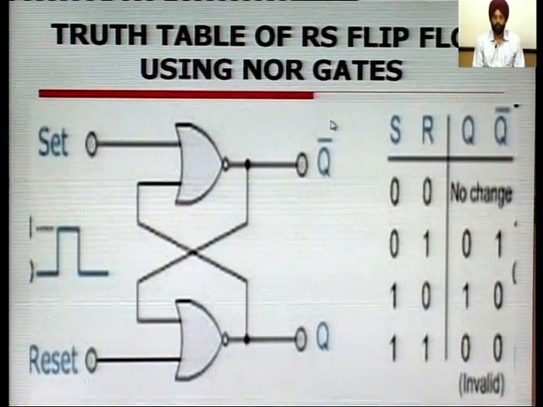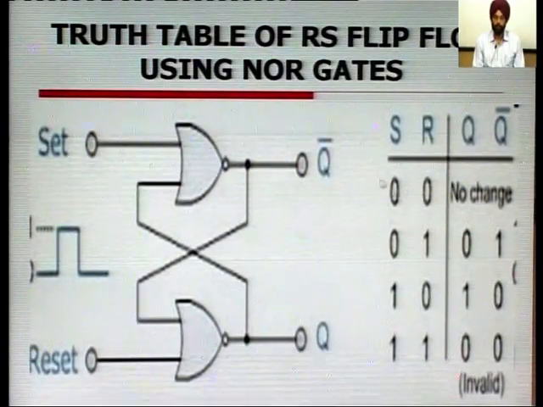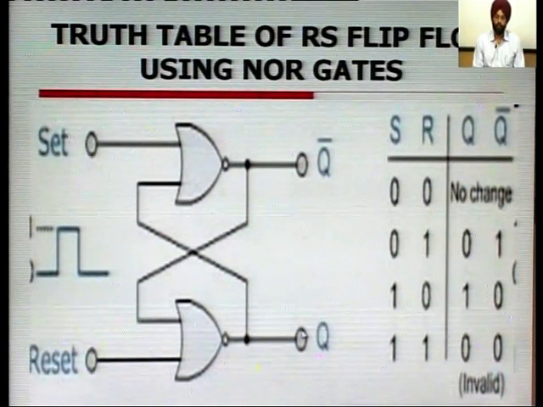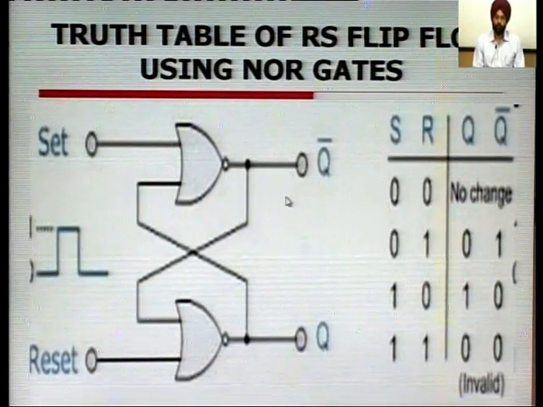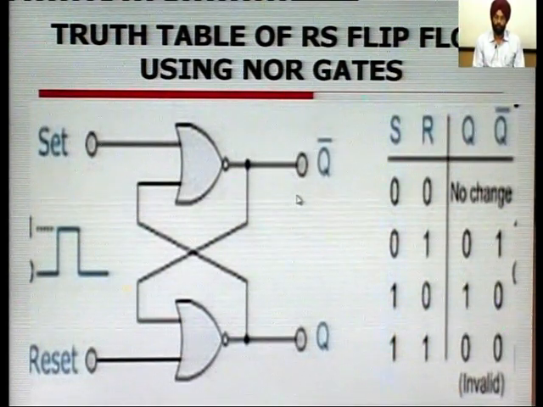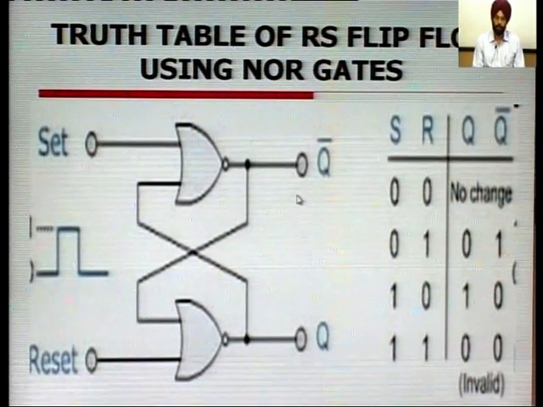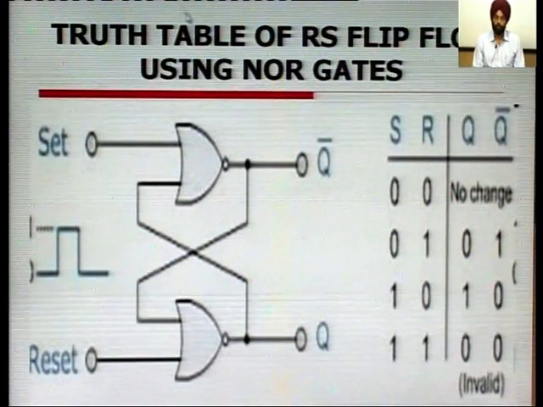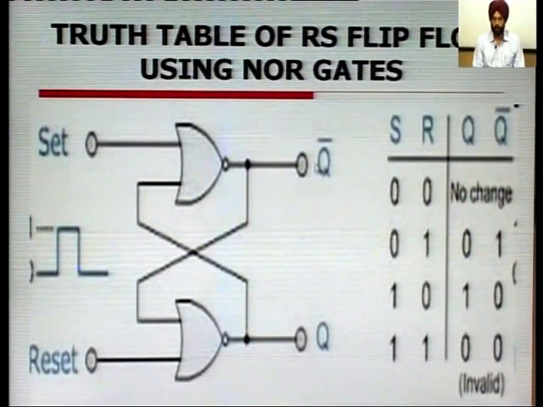So, we have to presume for the first input combination any one of the output states. We have to assume the flip flop is previously either set or reset, and both outputs are complements of each other.